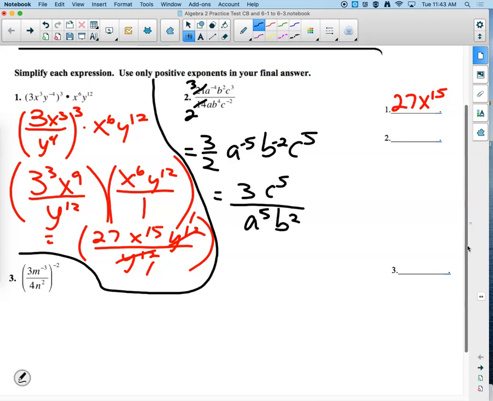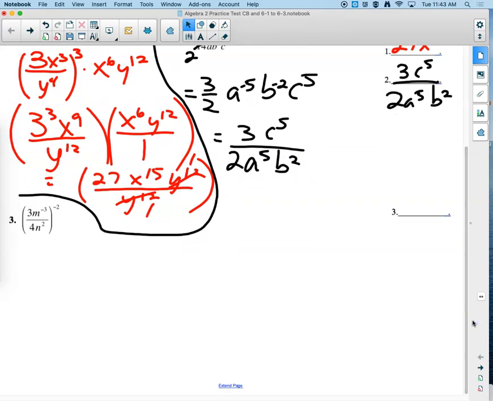So that one's done. Oh, I didn't write the 2 down. I had it there and I didn't write it. Thank you. No more negative exponents. It's ready to go.